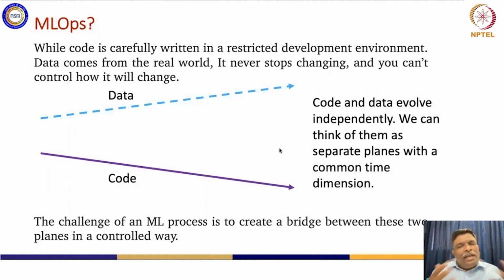Now, when you say there is an ML process which needs to be maintained, the challenge of an ML process is to create a bridge between these two planes such that it synchronizes and orchestrates things very effectively. So this is how MLOps needs to be understood.